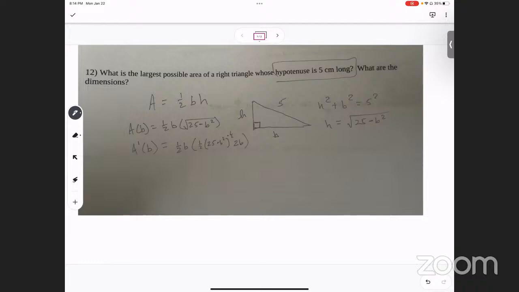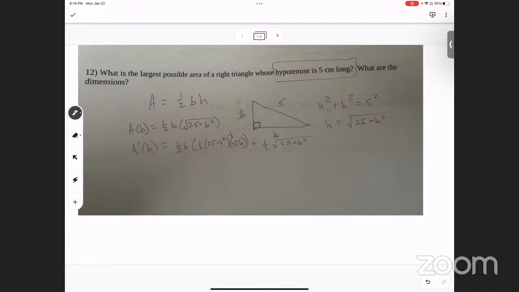So I take the derivative of the outer function, which is a square root: 1/2 to the negative 1/2 of that thing left untouched, multiplied by the derivative of the inside, which should be negative 2B. Plus, remember the power rule, plus 1/2 times the square root of 25 minus B squared. Got how I did that?